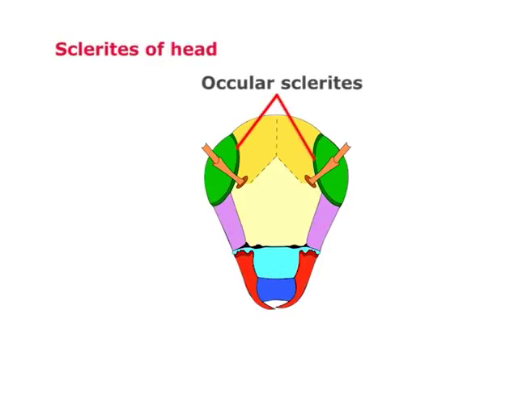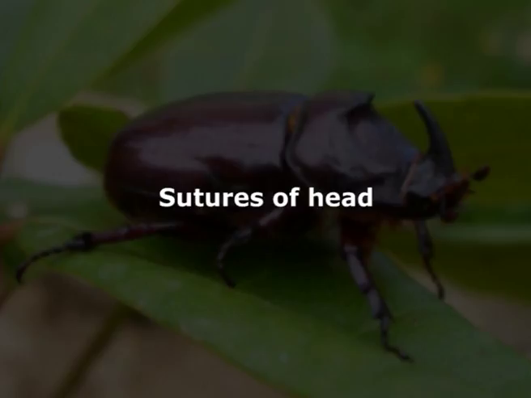Ocular sclerites. Cuticular ring-like structures around each compound eye. Antennal sclerites. These form the basis for the antennae and are present around the scape, which are well developed in Plecoptera or stoneflies.